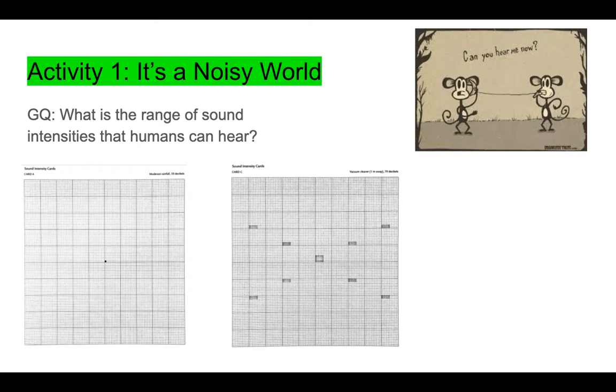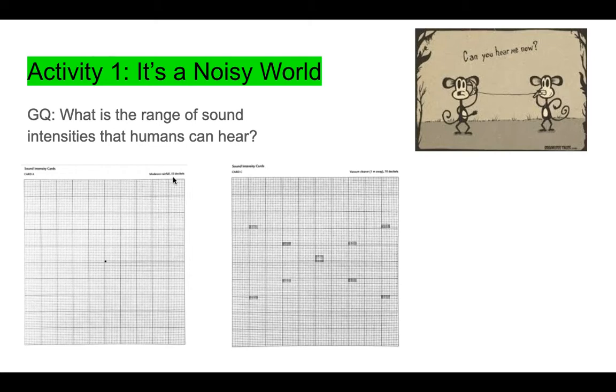So It's a Noisy World was what is the range of sound intensities humans can hear? And remember, I passed out those cards, and on those cards, the dot filled in was the intensity of the sound based on that whole area. So intensity has to do with an area.